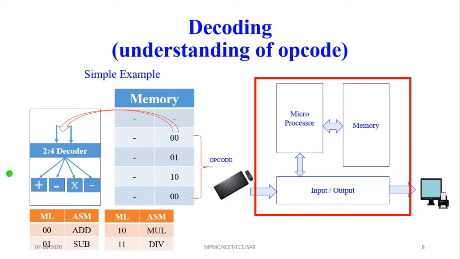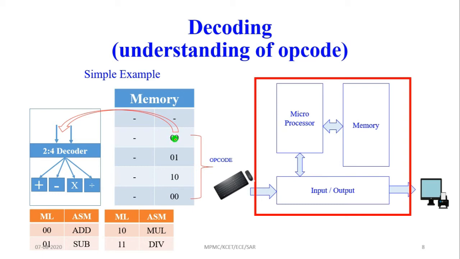In machine level language, 00 is add in assembly level language, 01 is subtract, 10 is multiplication, 11 is division. This is a small example. In a memory element, the data can be stored only in the form of opcode, a binary representation.